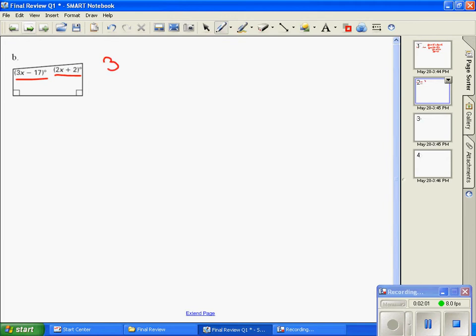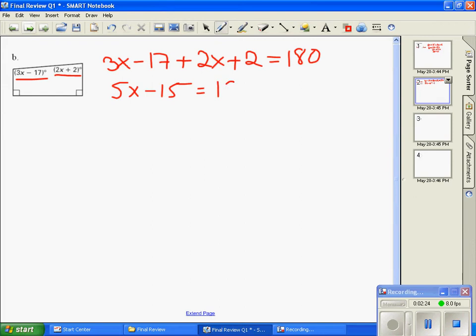So 3x - 17 + 2x + 2 equals 180. And now we combine like terms. So we get 5x - 15 equals 180.